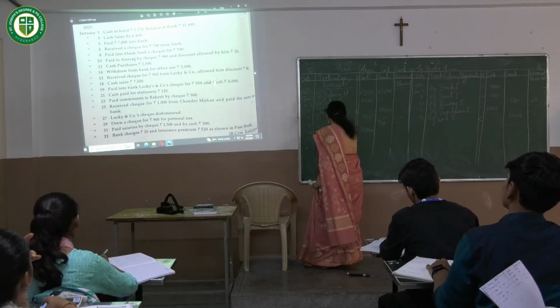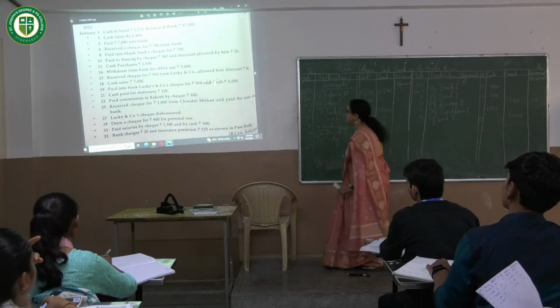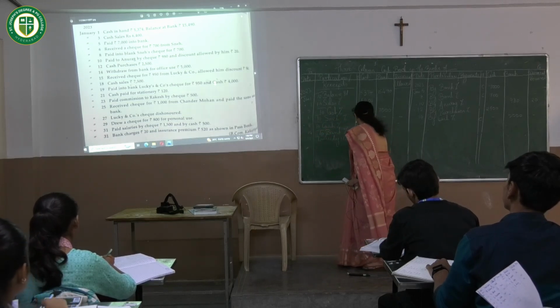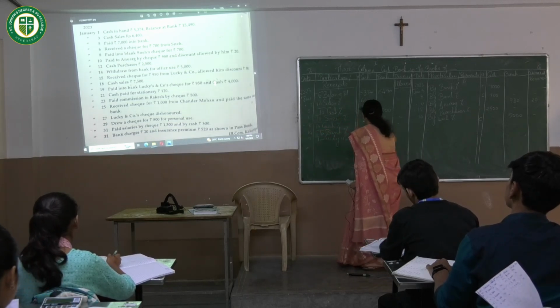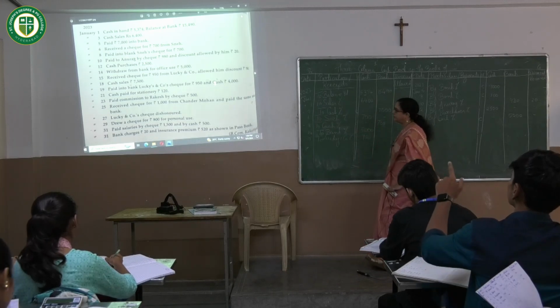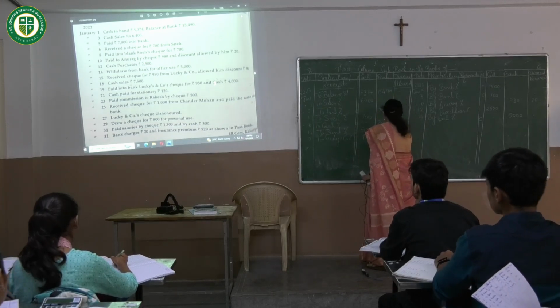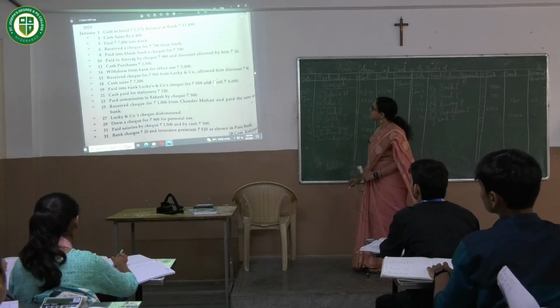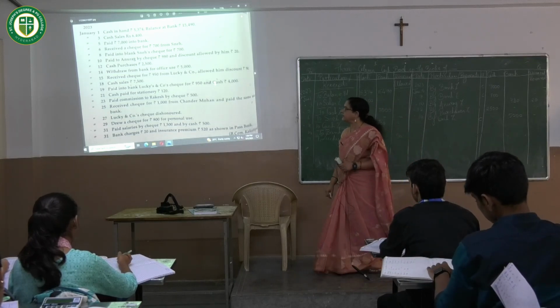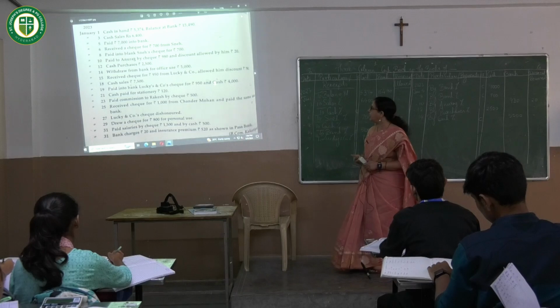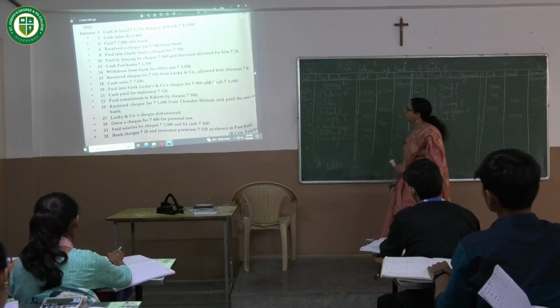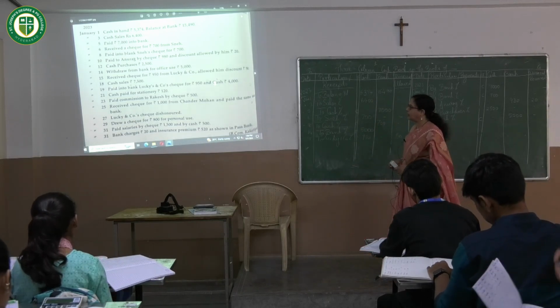Lucky and Company account. We are receiving a check of 950, but write it only in the cash column. Yes, and discount allowed is 50 rupees, because when we receive we have to allow discount. So discount allowed 50 rupees in the discount column.